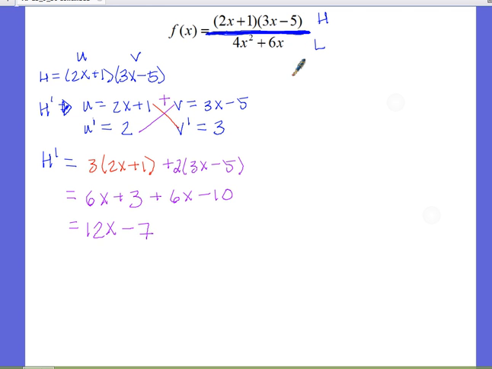Whew. My low is going to be a little easier, 4x squared plus 6x. My low prime will be 8x plus 6. So now I have everything I need.